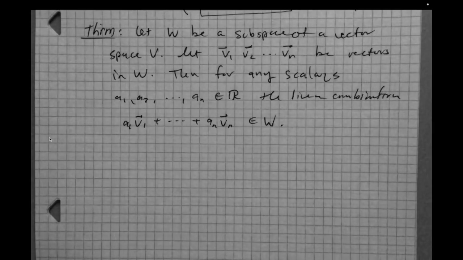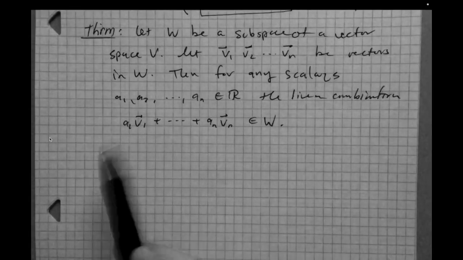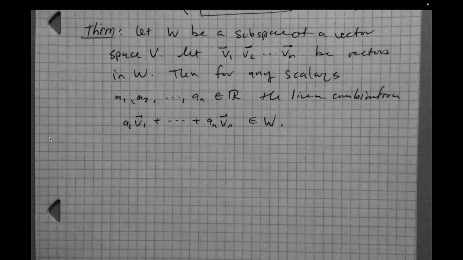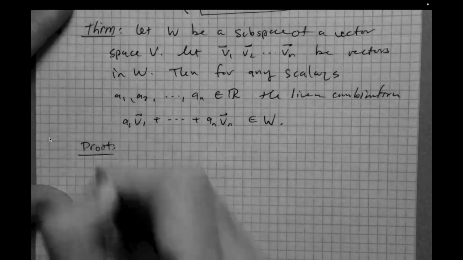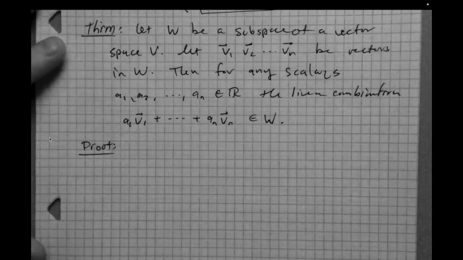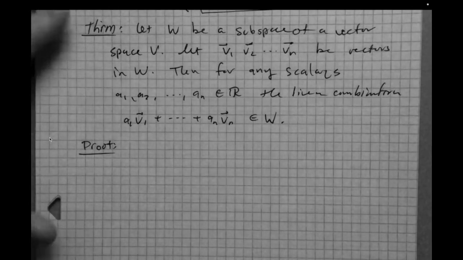Well, what's maybe in question here is whether or not long strings of vector sums like this and scalar products will remain inside of the vector space. Okay, so I think to prove this, it's pretty easy, actually. It's almost too easy, especially if you just use induction. So we're going to use induction.